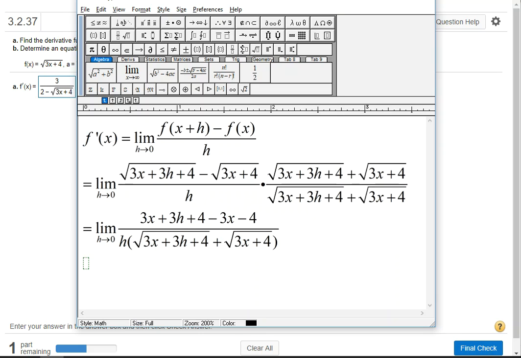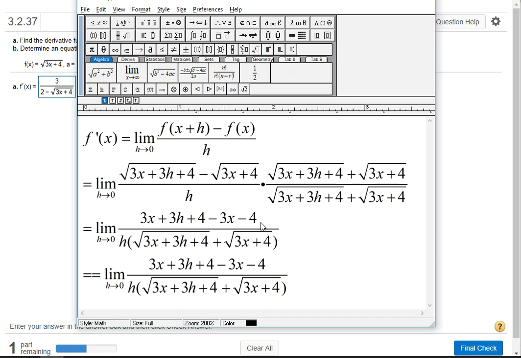Try not to change too many lines here at once. Okay. So a negative 4 and a positive 4, which are going to add to 0. This used to have an x with it. A minus 3x and a positive 3x that add to 0. And at the same time, that h that we just had right here is going to reduce with the h downstairs. So we'll get rid of both of those h's.